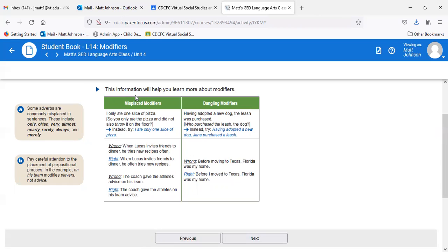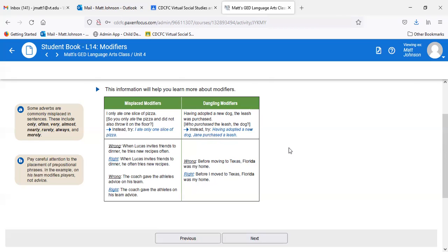Back to misplaced modifiers. Incorrect would be, when Lucas invites friends to dinner, he tries new recipes often. That doesn't indicate that Lucas tries new recipes when he invites his friends over. Instead, you want to say, when Lucas invites friends to dinner, he often tries new recipes. You move often to in front of tries.